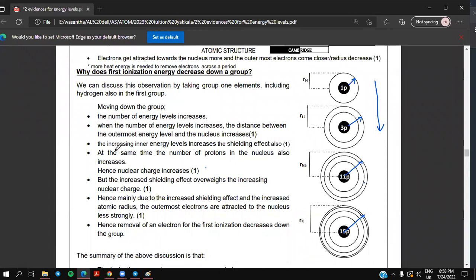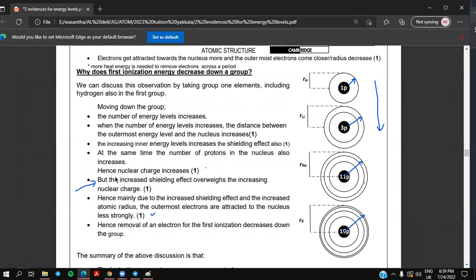So shall we go to this again? But the increased shielding effect overweighs the increase in nuclear charge. I'm reading this point. Hence, mainly due to the increased shielding effect and the increased atomic radius, the outermost electrons are attracted to the nucleus less strongly.